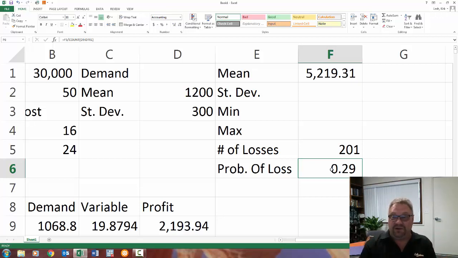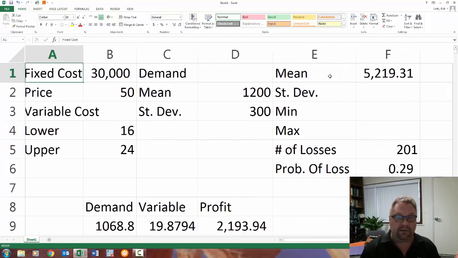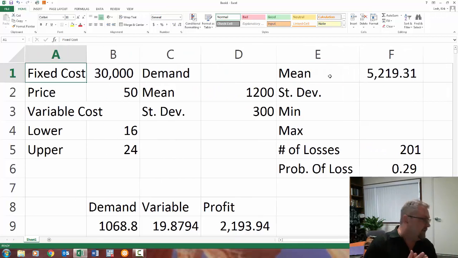Because there is a 1 in 3 chance that this firm could lose money, and maybe that's too high for them. So the point I'm trying to get at here is when they ask you about these recommendations, for our purposes, anytime the mean is greater than 0, recommend the project. But do be careful, because in the real world, firms will set standards on the mean and the probability of loss. Okay? All right, well, at any rate, there you go. There is problem 14.